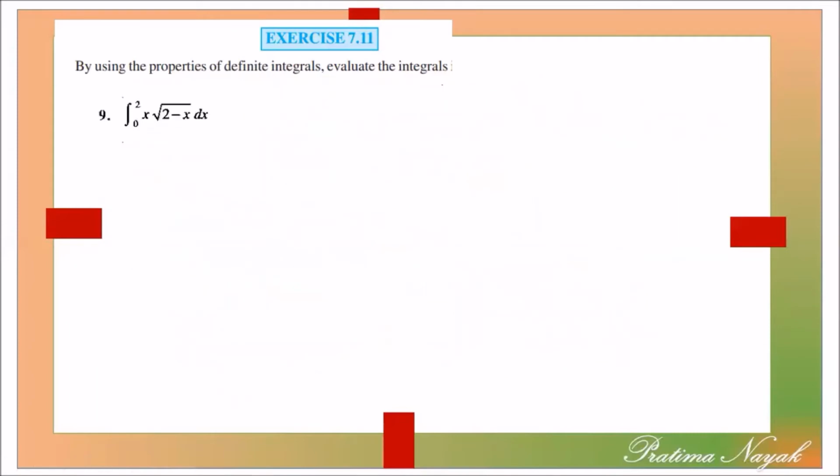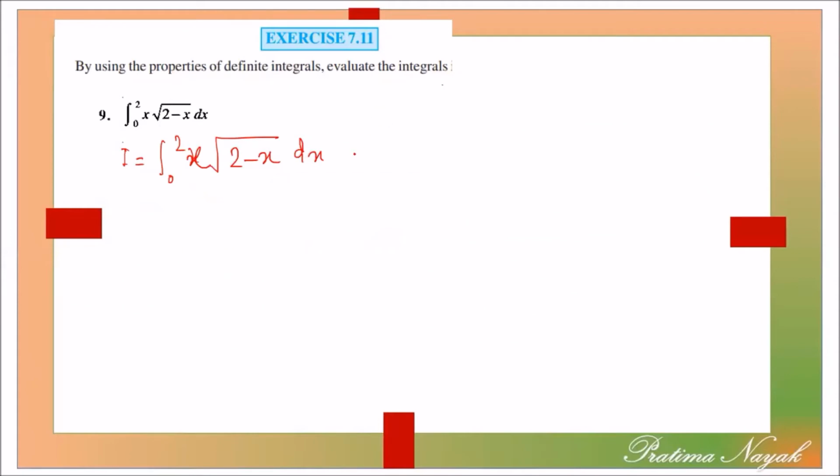Next is question number 9. Can you observe that so many questions of this exercise we are doing with this property only. Now here, what is a? a is 2 here. So I is equal to integral 0 to 2 x under root 2 minus x. You can observe that unless you apply the property, you can't integrate this function.